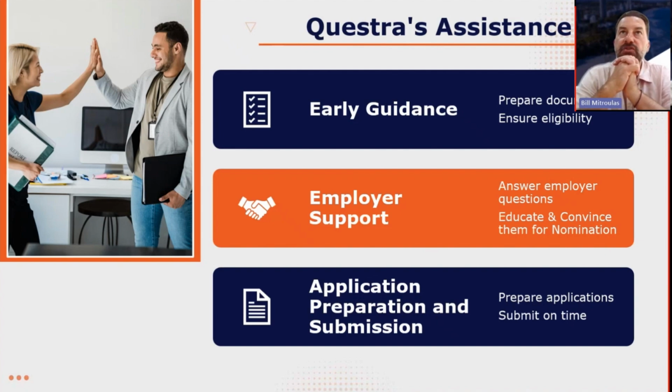If it's a new client, then we're also happy to, once we've confirmed your eligibility, and whether that's for the skill in demand visa or the 186 visa in either stream, temporary residence or direct entry, we actually offer your employer a complimentary meeting to convince them as well that this is a path that they should take, and also to get the ball rolling with your visa application.